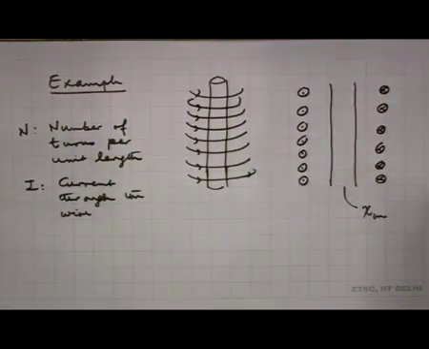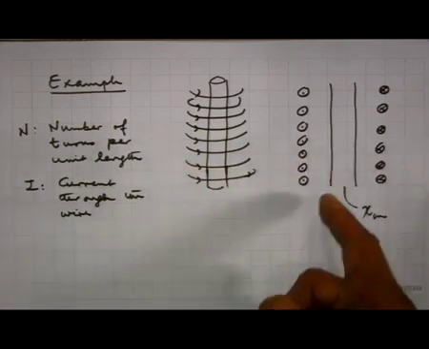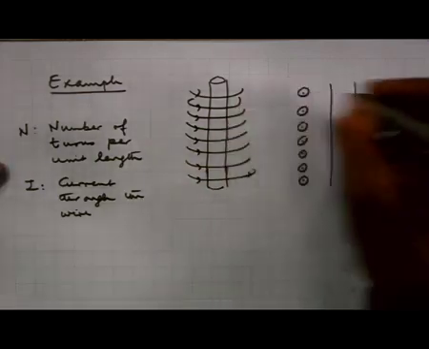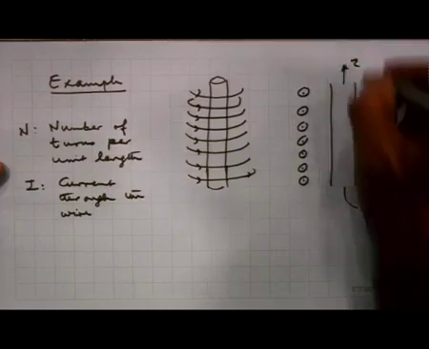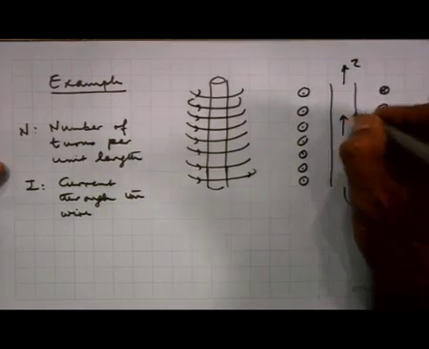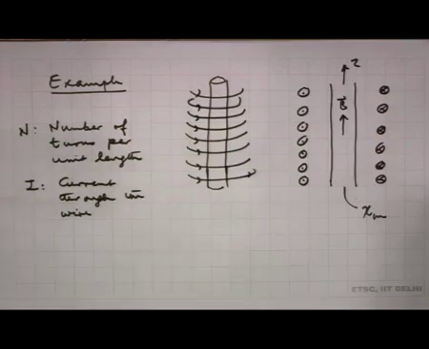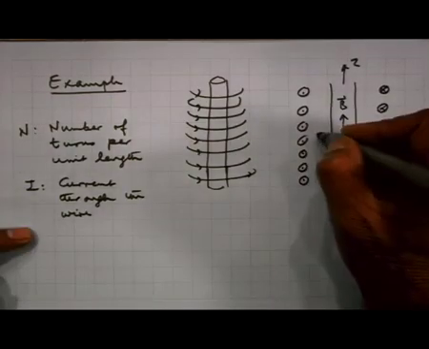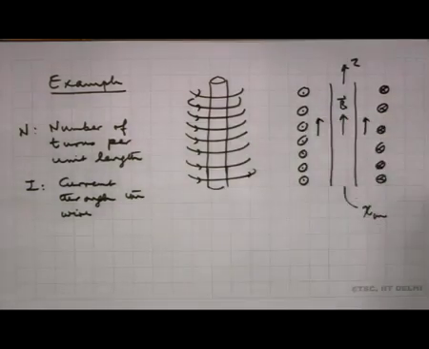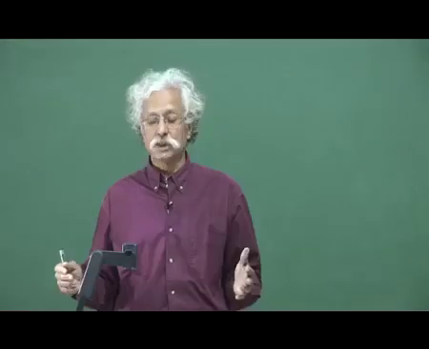Now, the first thing that we notice is that the moment I pass the current, the magnetic field generated by the current in the solenoid is in this direction. This is the z direction. So, the magnetic field will be in this direction everywhere inside the solenoid. Of course, outside the solenoid there is no magnetic field, as we have seen before. For an infinitely long solenoid, the magnetic field outside is 0.